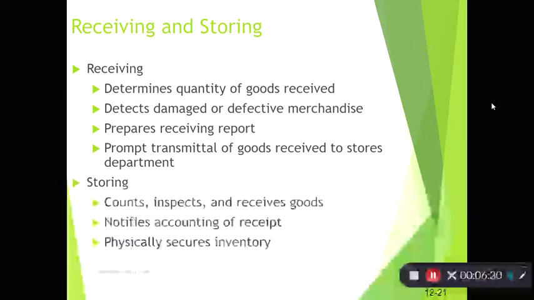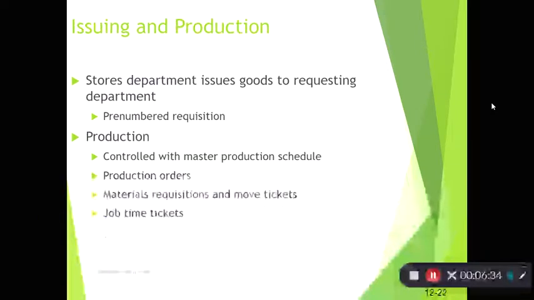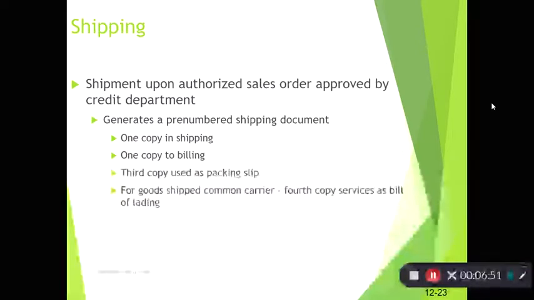If you have a storing function, then they're going to actually secure the inventory. And if a department requests to use the items, then that storing department, storekeeping, whatever name you want to put on it, will provide those items. Then obviously production is where the goods are produced, and then obviously shipping based on a sales order.